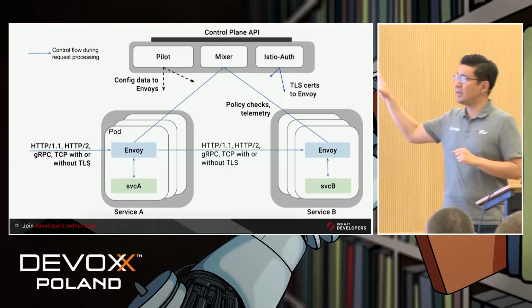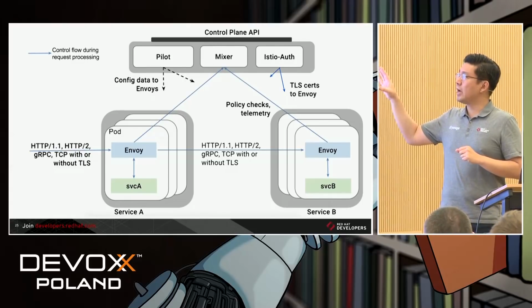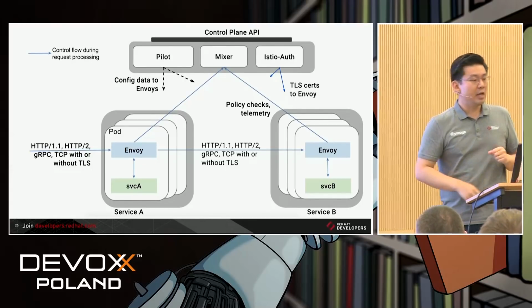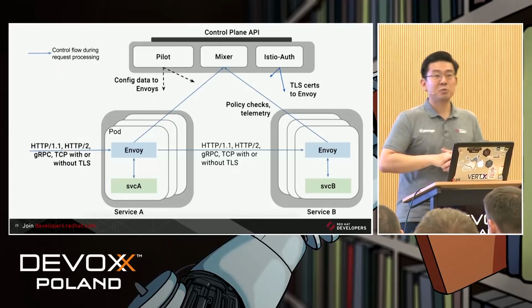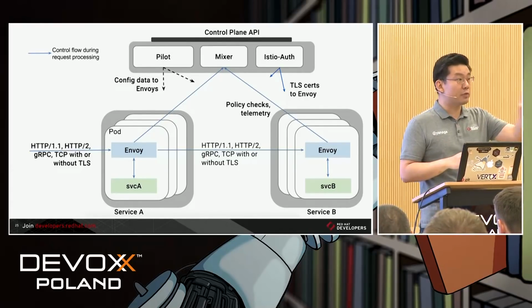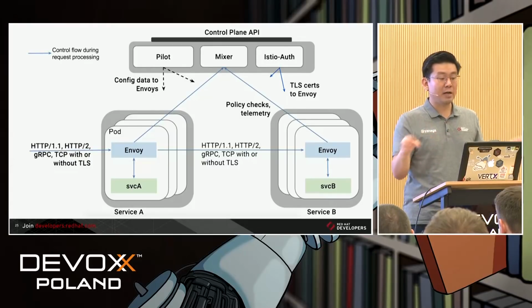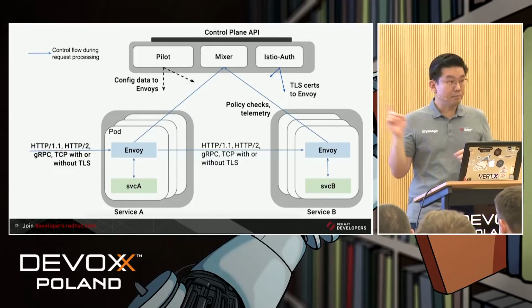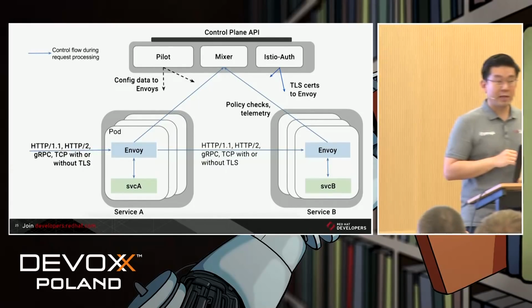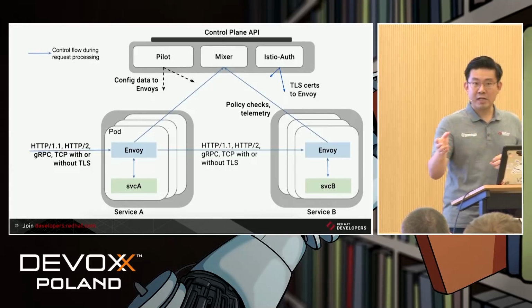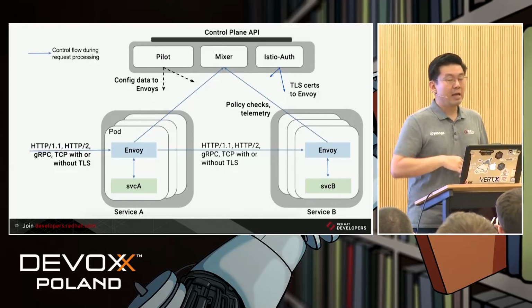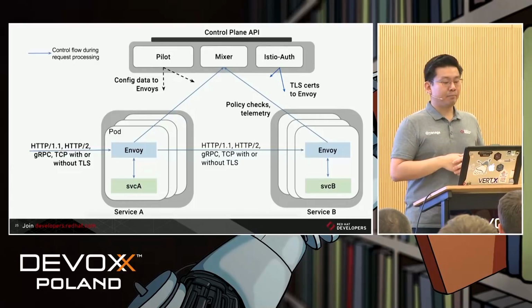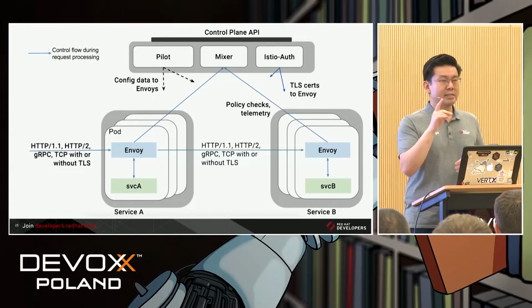Okay, and this is the basic architecture of Istio. Istio has three different components. You have Pilot, which is responsible for the configuration and most of the routing between each one of your microservices. You have Mixer, which is responsible for collecting the statistics, how many requests per second, and rate limiting, and some kind of routines.